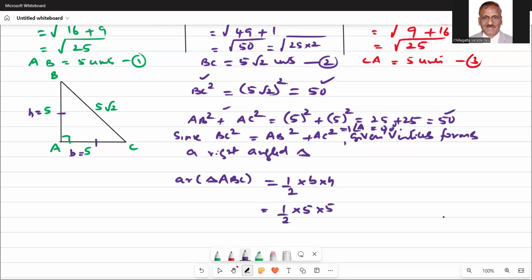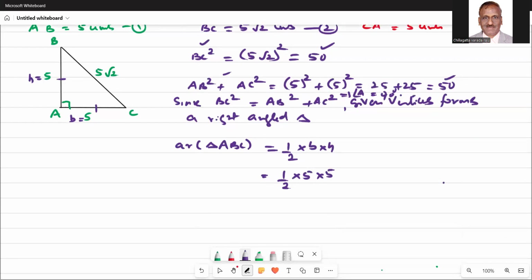And height also 5 units. So that is equal to half into 5 into 5, 25. 2 divides 25 how many times? 12.5. So therefore, area of right angle triangle ABC is equal to 12.5 square units.